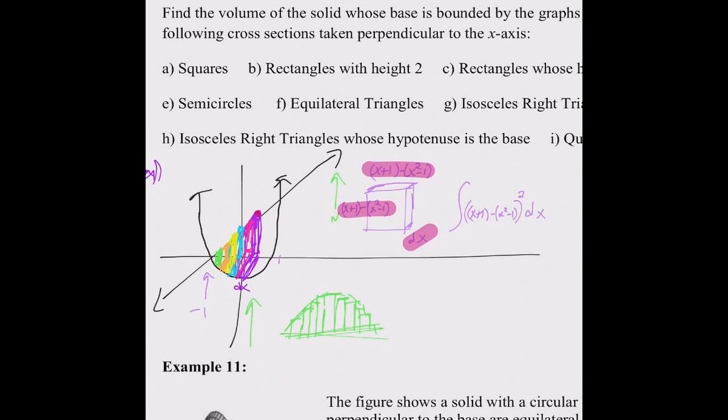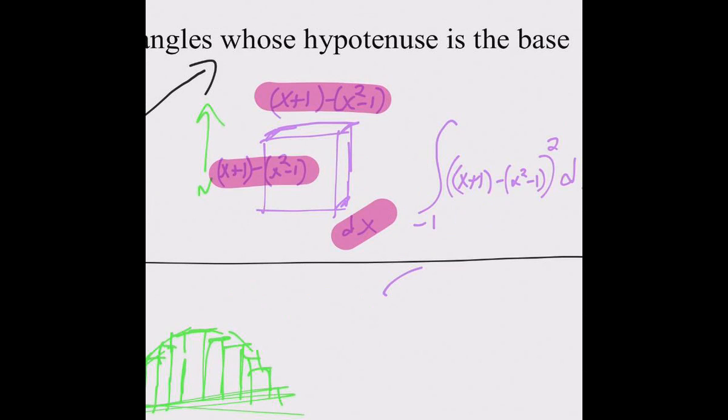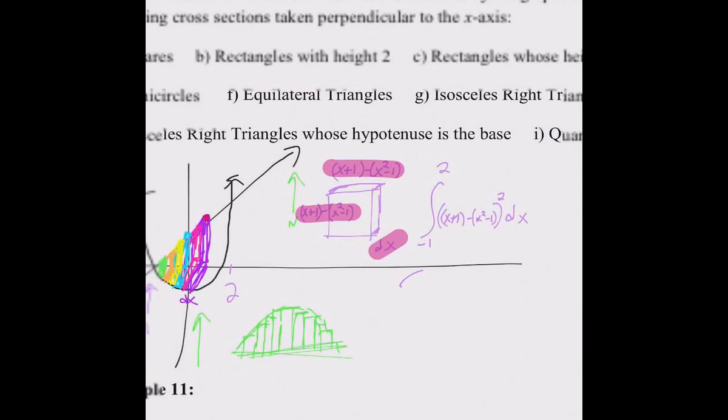Is that 2? 2 plus 1 is 3, 2 squared minus 1 is 4 minus 1, that's 3, so that's 2. So it's -1 to 2. The volume of whatever this thing is that we just created, you just take the shape that you're iterating, its volume, and integrate it on the appropriate interval.